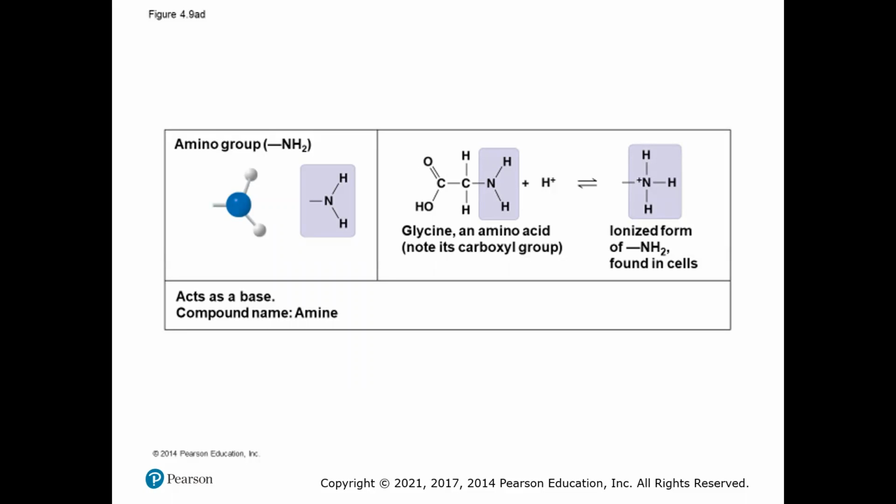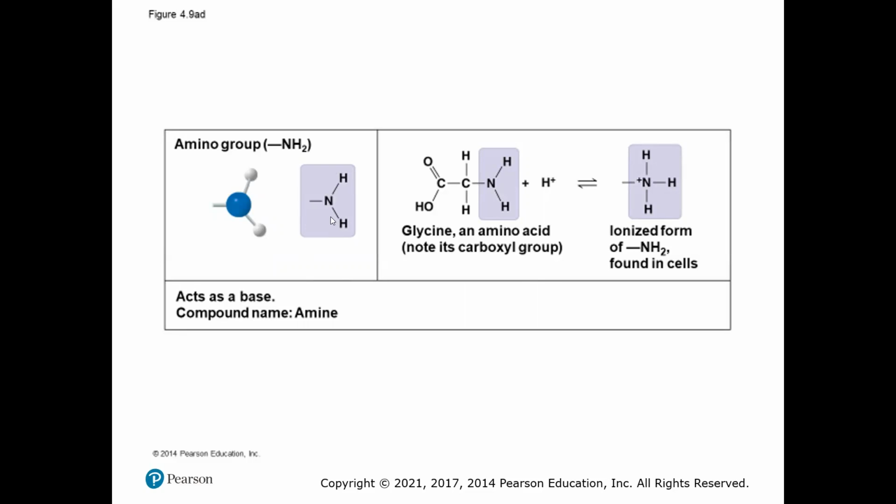Amino group, NH2, acts as a base and can pick up a hydrogen ion from the surrounding solution, water, or in living organisms. Compound name: amine. So the amino group acts as a base.